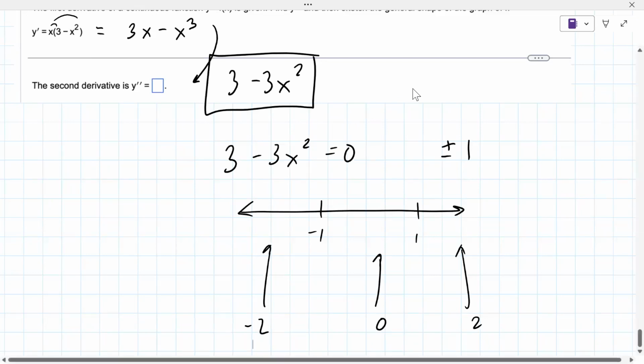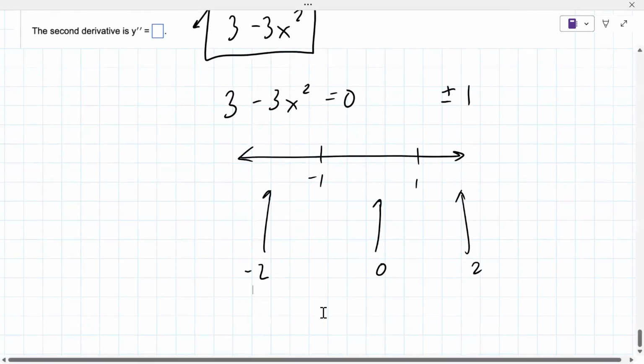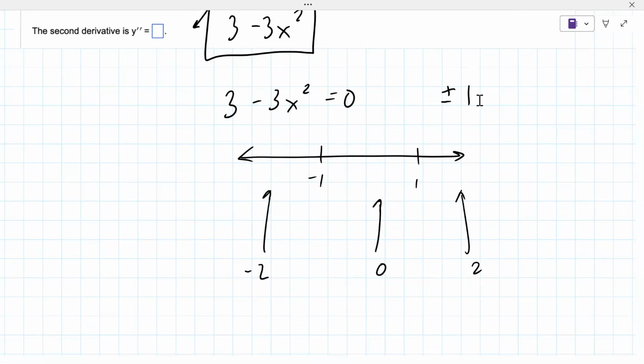Go ahead and test these in this one right here and figure out what the signs are. -2 would be negative. 0 would be positive. 2 would be negative.